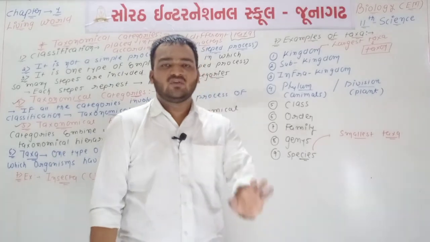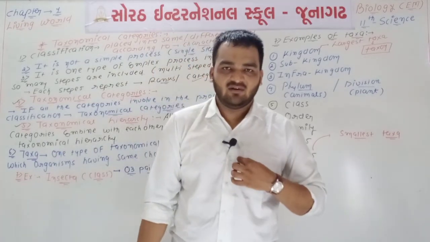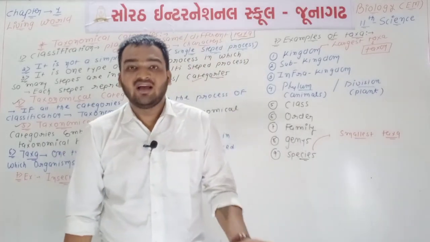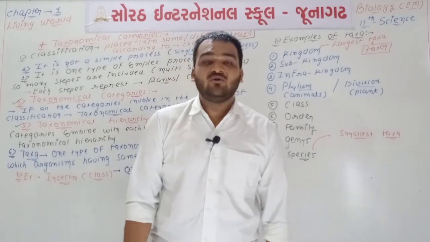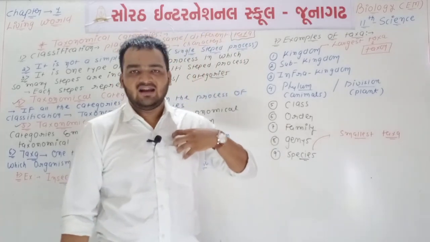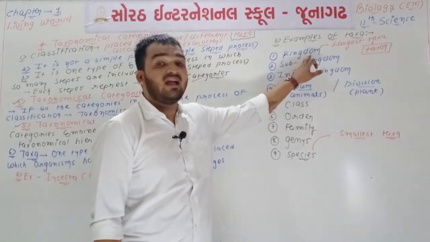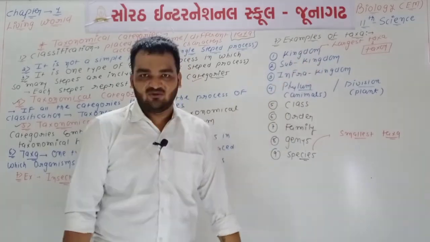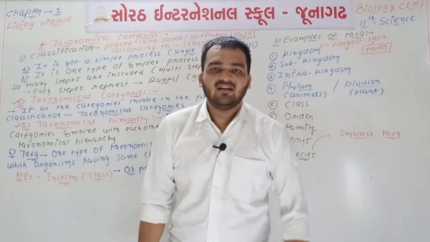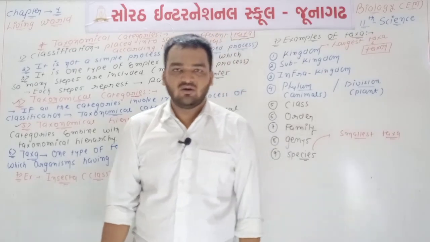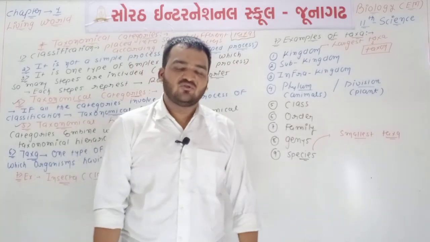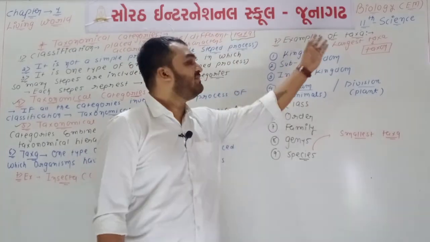For example, see, you are an animal, I am an animal, Amoeba is an animal, dog is an animal, elephant is an animal. So we are all included in the kingdom Animalia. If we talk about the banyan tree, mango tree, bamboo, these are all one type of plant, so they are included in the plant kingdom.